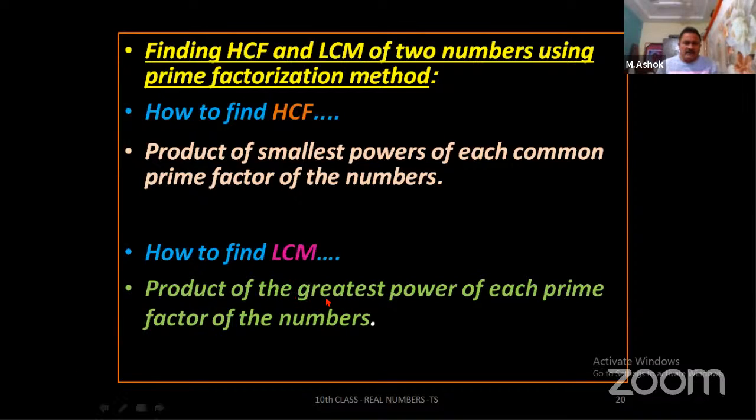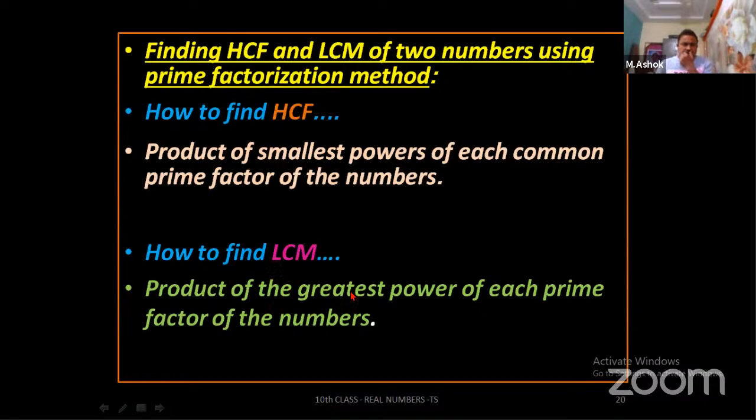So, product of the greatest power of each prime factor of the numbers. Here in case of HCF, we are taking the common prime factors, smallest powers of each common prime factor.